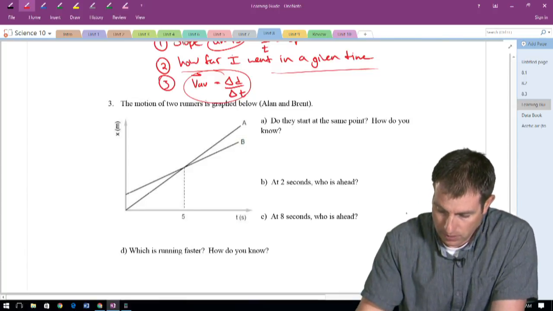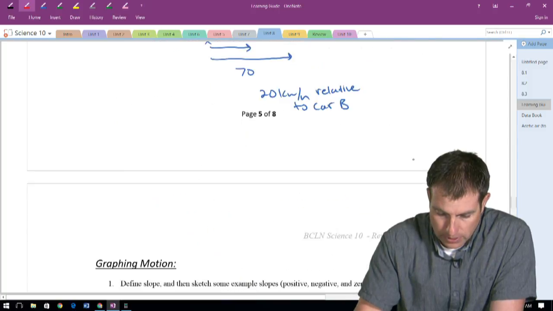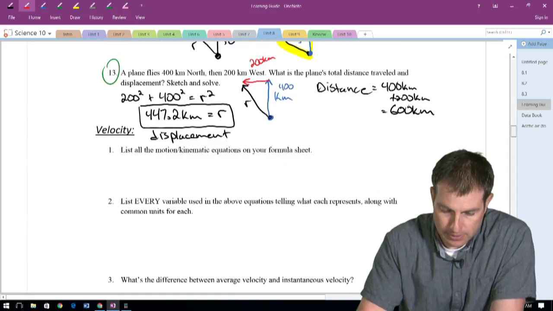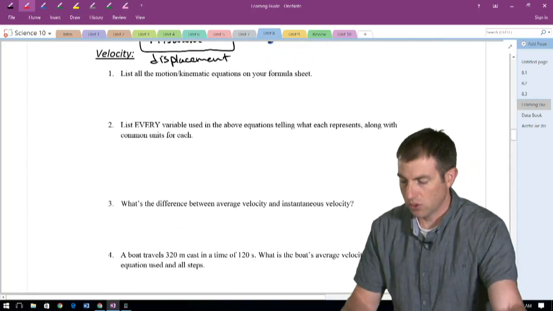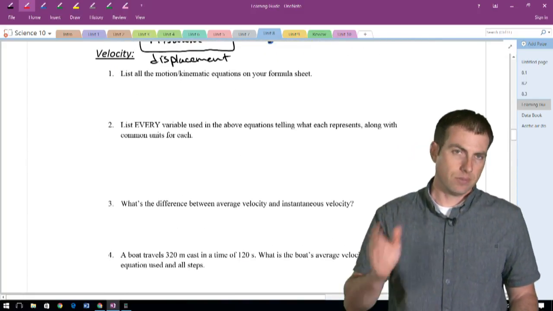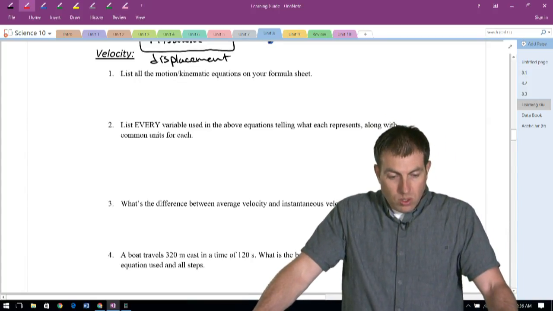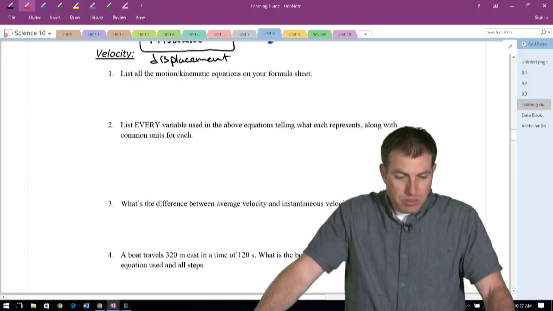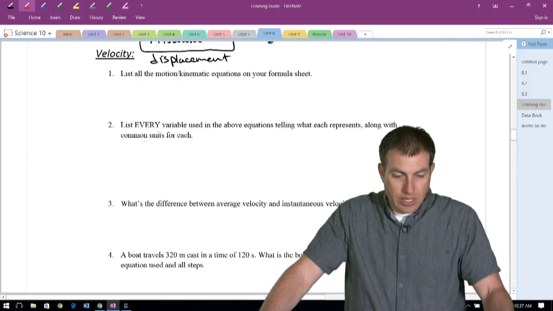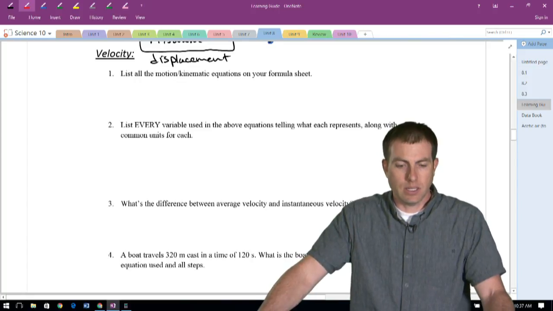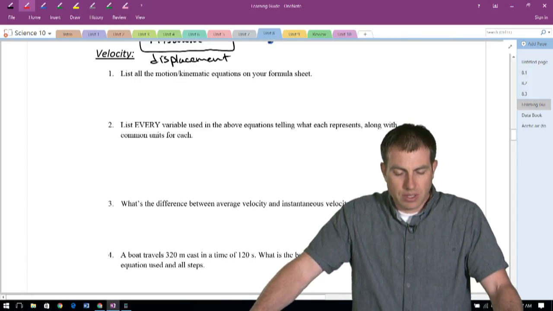Trying to think of how much time we'll have to finish all this stuff. So what I'll do is this. I'll give you guys 20 minutes to work away on some of these questions. We'll come back at the end of the 20 minutes and I'll answer any questions you had on the velocity or 8.2. We'll start next class with 8.3, which is graphing.